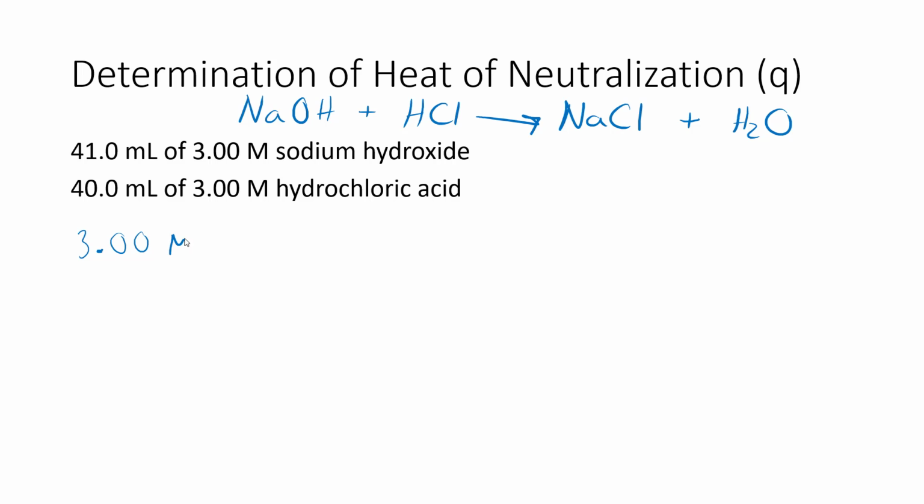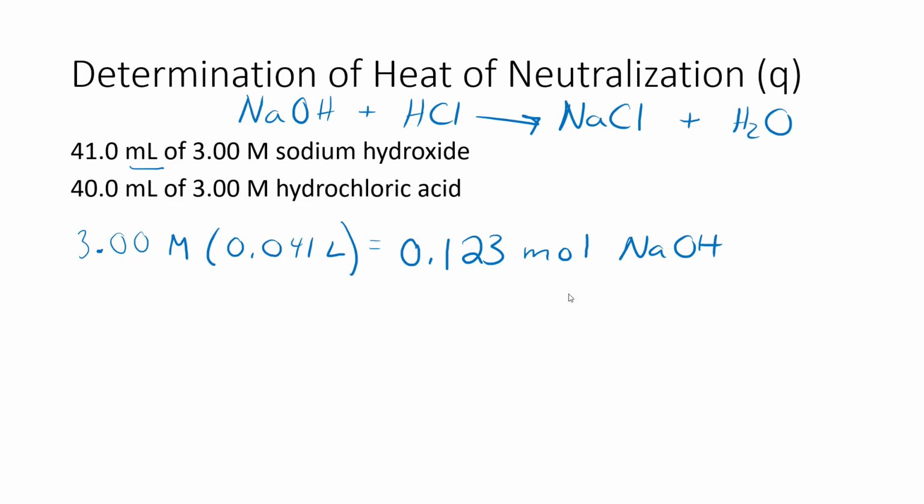So I have 3 molar times my volume, and remember this is in milliliters and molarity is moles per liter, so I need to turn that into liters before I go further. And that is going to give me 0.123 moles of my sodium hydroxide.